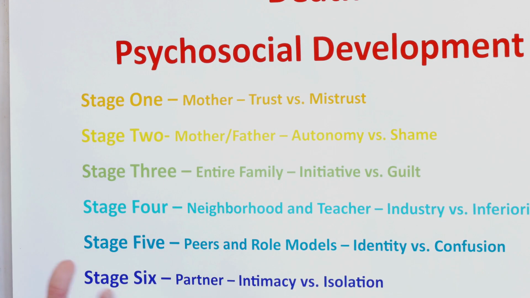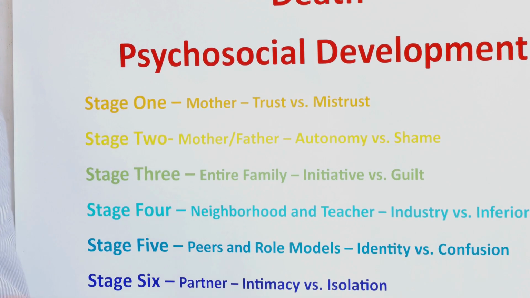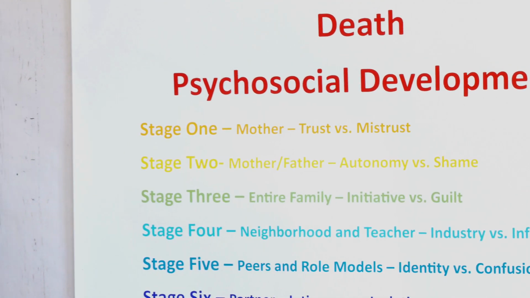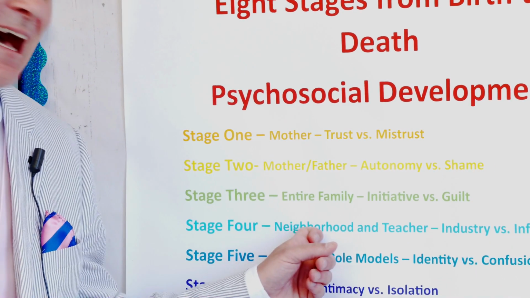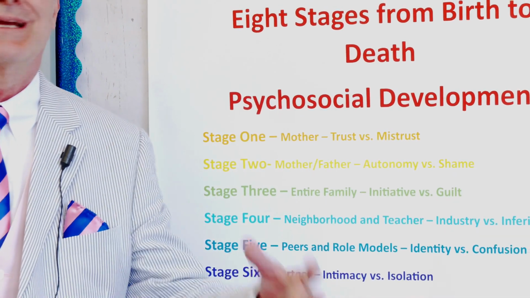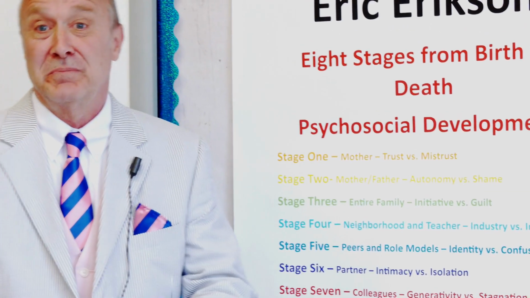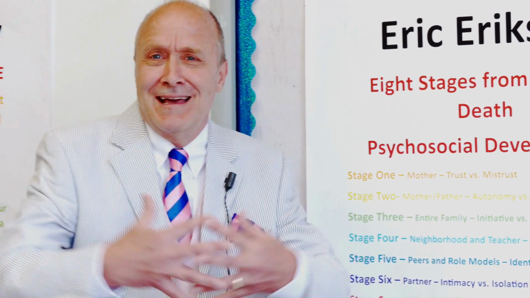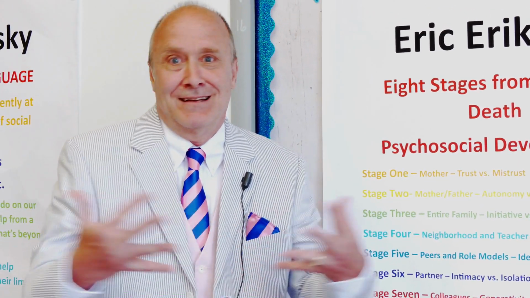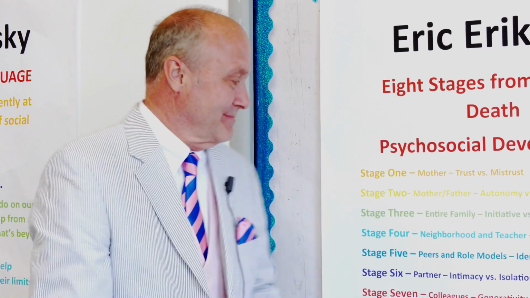If it's grandmother first, maybe it's grandmother, grandfather in the second stage. Stage 3 is the entire family. So you're bringing siblings in, and they're helping the child become more socially involved in everything that they're doing.